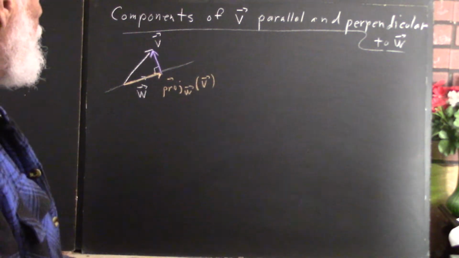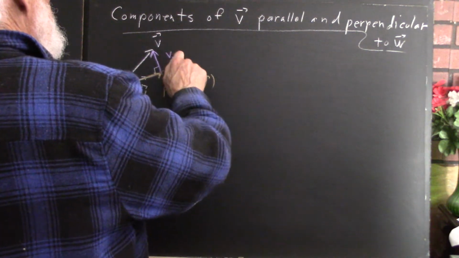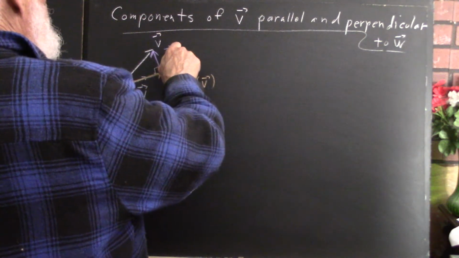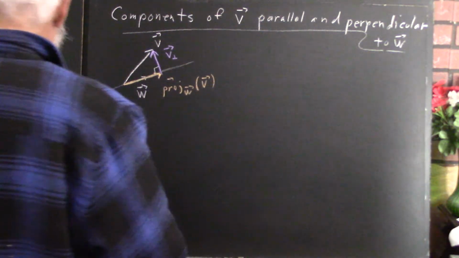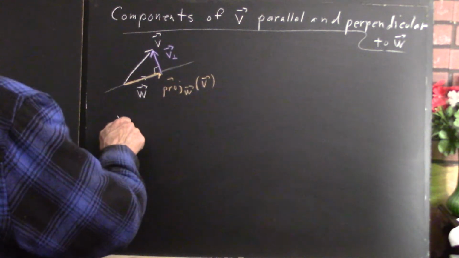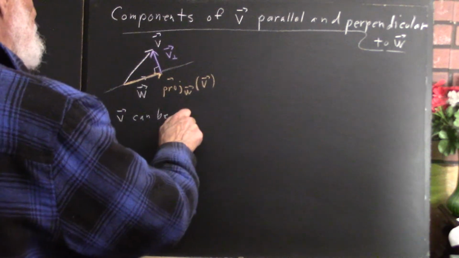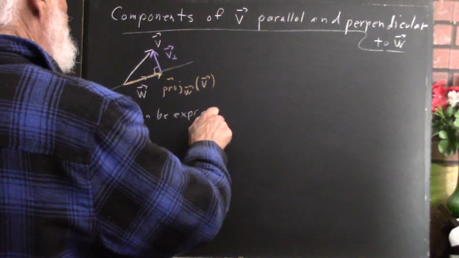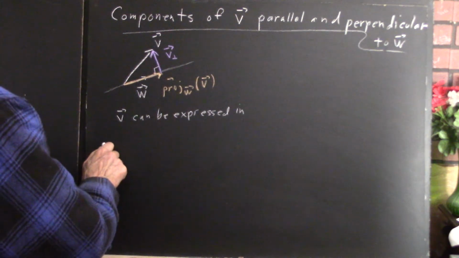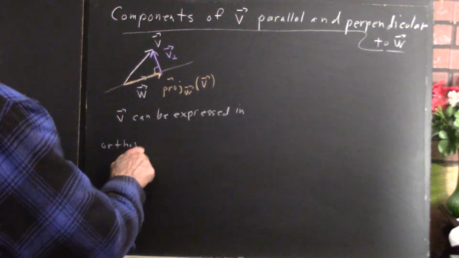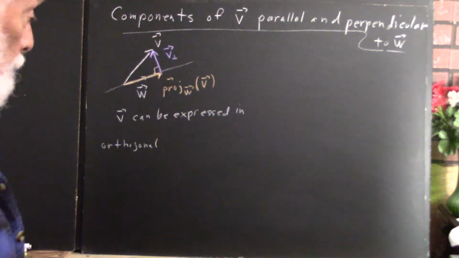So we're going to call this V perpendicular. So that V can be expressed in components, I'll use the word orthogonal, which means the same thing as perpendicular when you're in a Euclidean space.